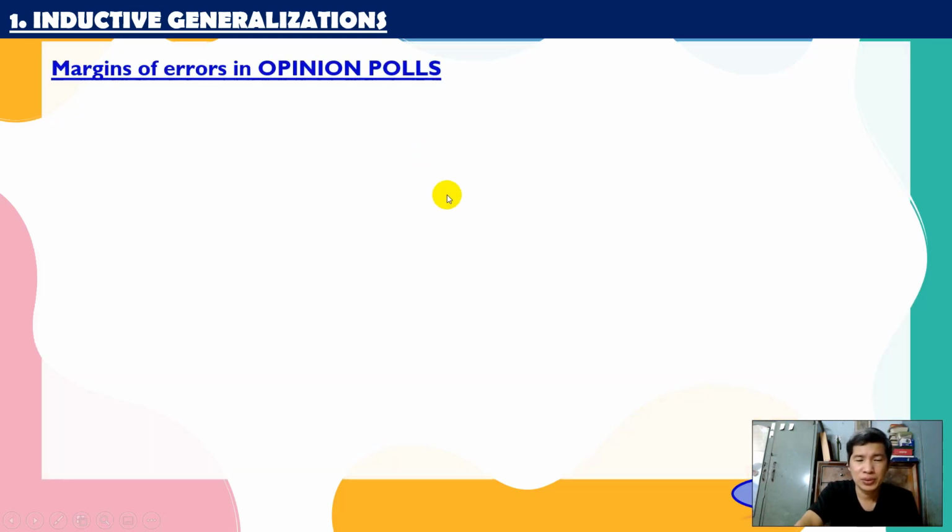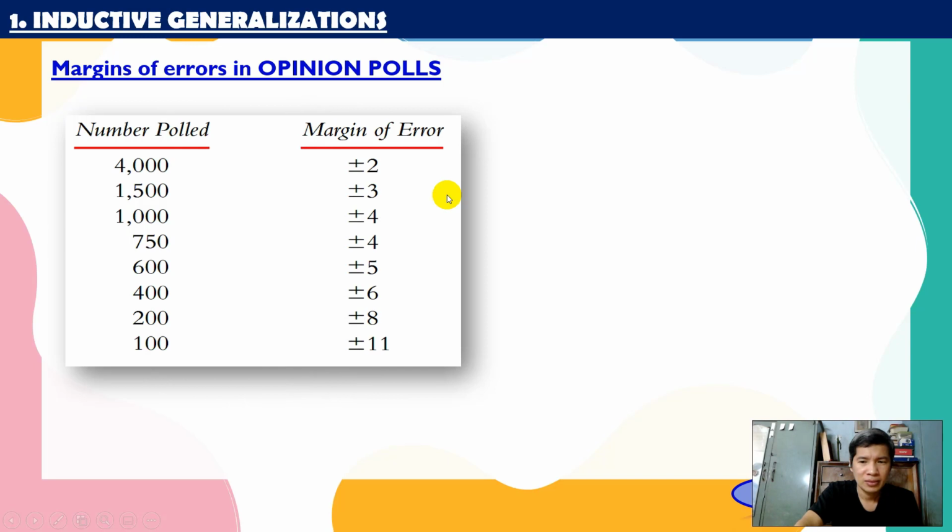In opinion polls, you can see the margin of error and the number polled. It means if you asked more people, 4,000 people, it's very high possibility that the answer is accurate. 6,000-7,000 students in IU and you ask 4,000.